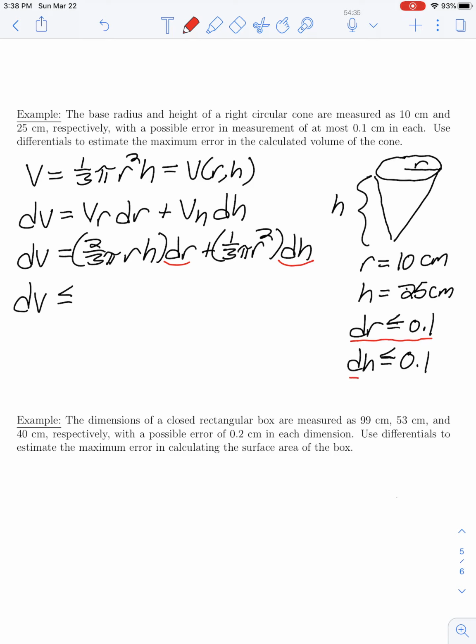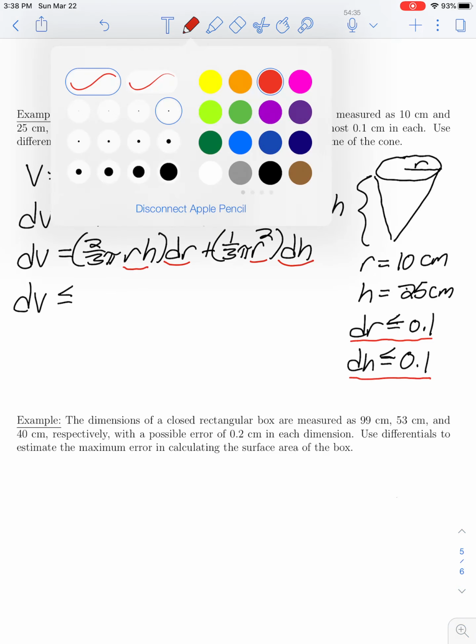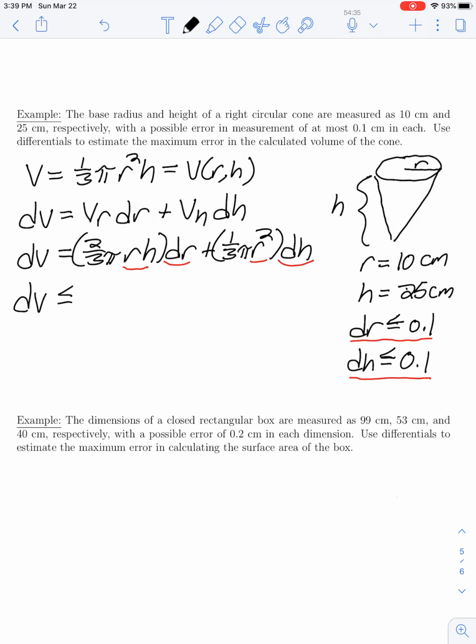which we found to be 0.1 centimeters each. And then the values for r and h that we had measured were 10 and 25 centimeters respectively. So let's evaluate this expression that we found for our differential at these quantities which we've measured.